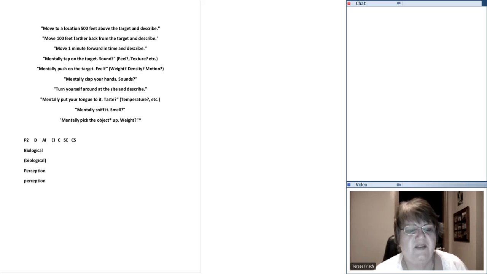Mentally sniff it. Smell. Mentally pick the object up. Wait. Then I happened to think I had this ready to go and took it down so I could make this up. I tried to stick just a matrix up here really quickly. Another way to document in session, which Lynn touched on a couple of moments ago, is when you're in session and you want to describe something that you've already got, you put it in parenthesis underneath.